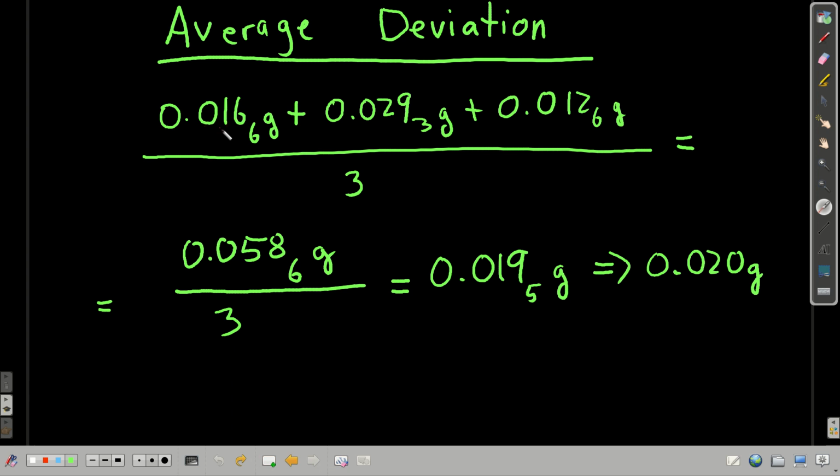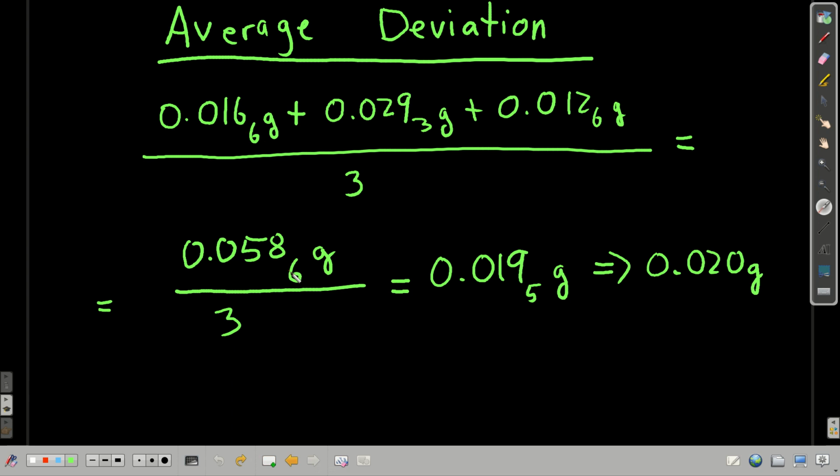In this number, it's 3 to the right of the decimal, 3 to the right of the decimal, 3 to the right of the decimal. So we get to keep 3 places to the right of the decimal, which ends up being, again, for these numbers I made up, 0.058 sub 6. Again, your numbers might give you something like 0.123, 3 sig figs, or maybe 0.007, whatever. But it's going to be 3 places to the right of the decimal.